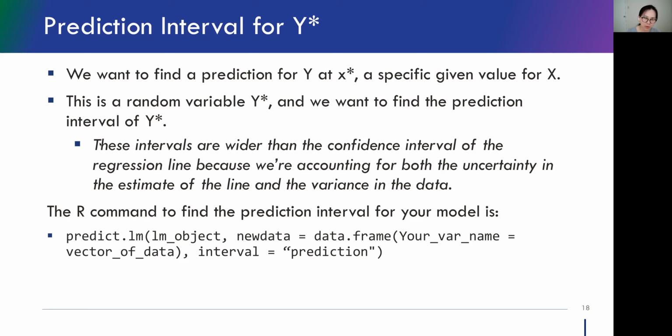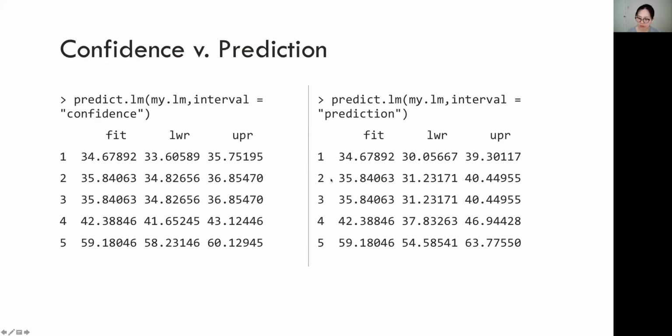This is the main point, comparing this confidence interval and prediction interval for this y star, is that you have two parts of uncertainty incorporated. That makes the prediction interval wider than confidence interval. And well, sorry, I did calculate using our election example.